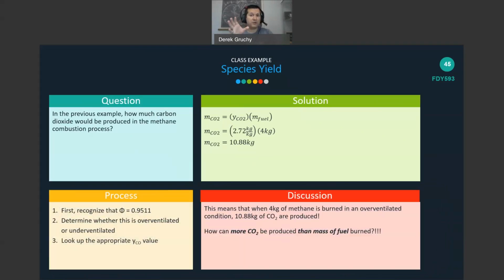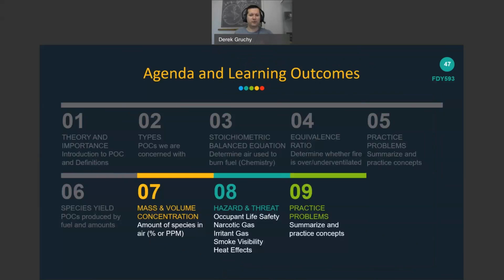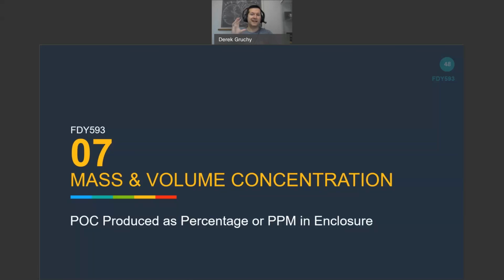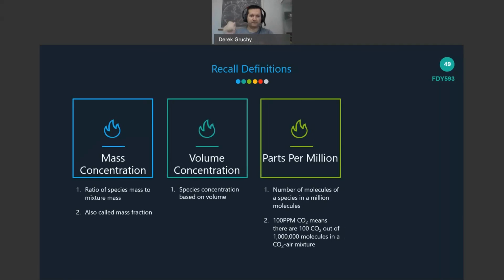So now we know how much of the species is produced. But that doesn't really tell me how dangerous the situation is. So I know that there's 10.88 kilograms, but it's also just as important to know where it is being produced. And that's how we determine the mass and volume concentration. So knowing the mass of it is important, but what is that concentration? How much am I going to breathe in based on the geometry of the enclosure?